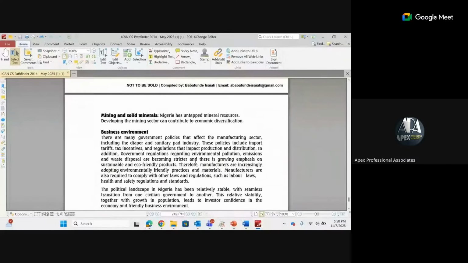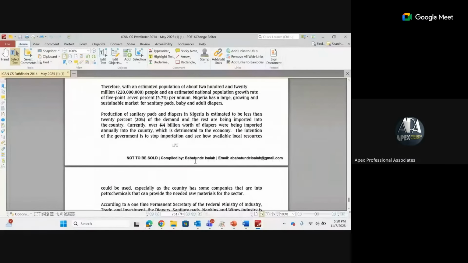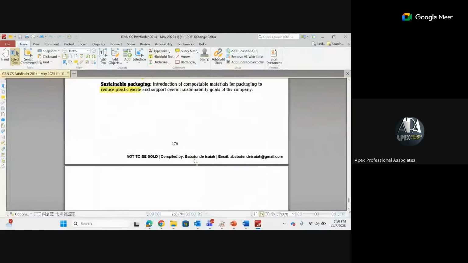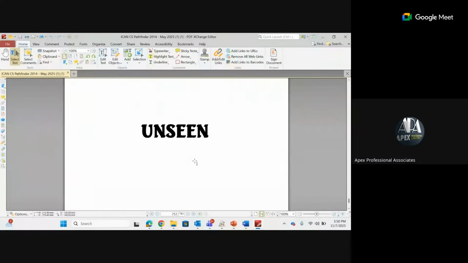So let me just move to the unseen part so that we will start from there. For the advantage of those people that are joining this class for the first time, maybe you did not join the first and second class. The first class, we only had the general introduction of case study paper, the case study exam, the necessary information that we need to know.